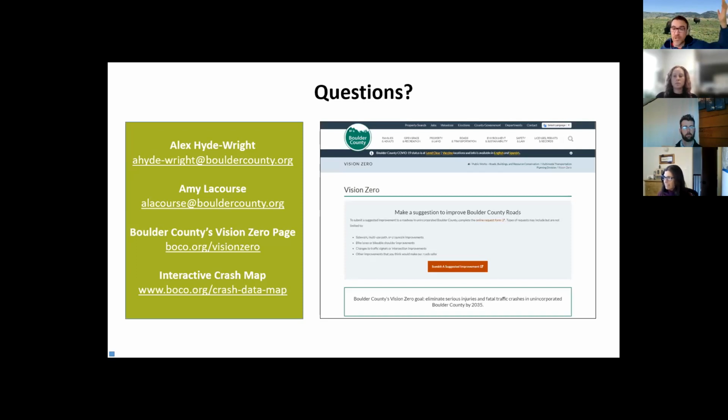Maybe this is a question for everybody: is there anything being done at a state level to address when somebody should be retested for their driving capability when they're over a certain age, let's say 75 or 80? I don't really know what the rules are right now, but I'm curious if anybody knows.